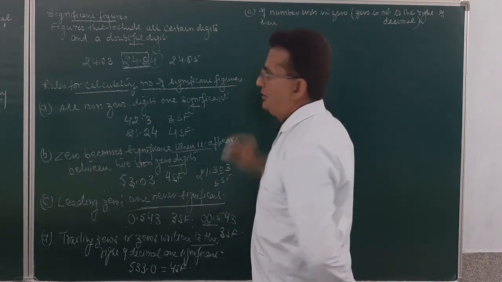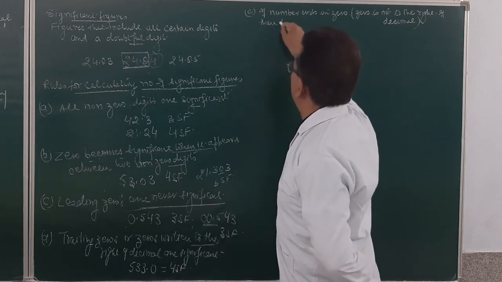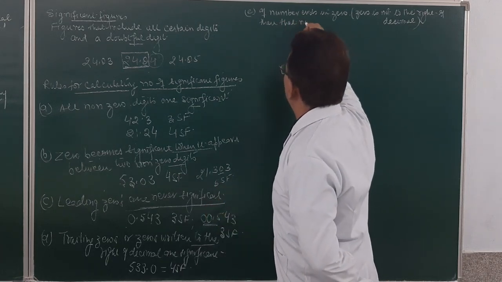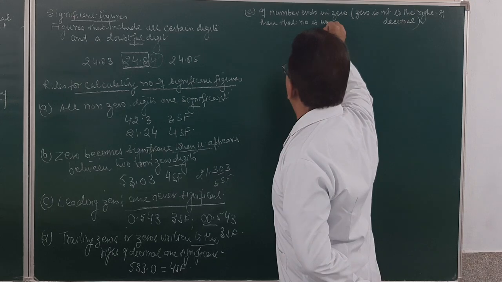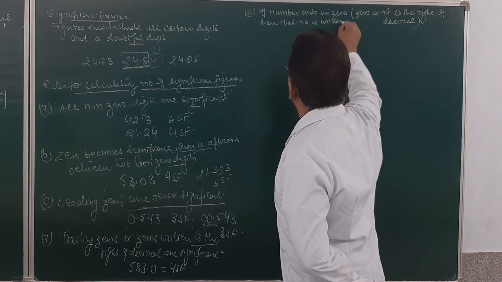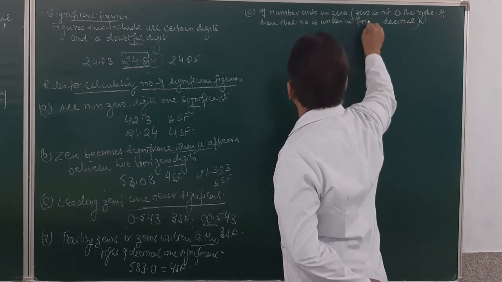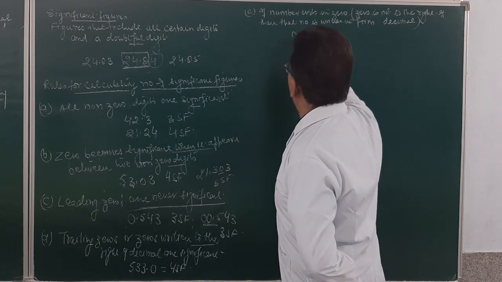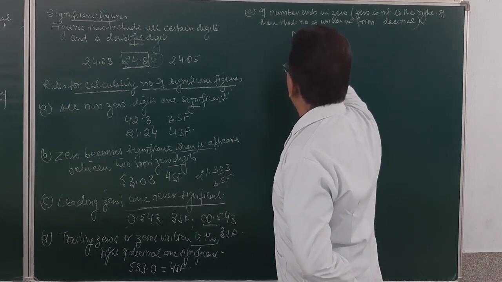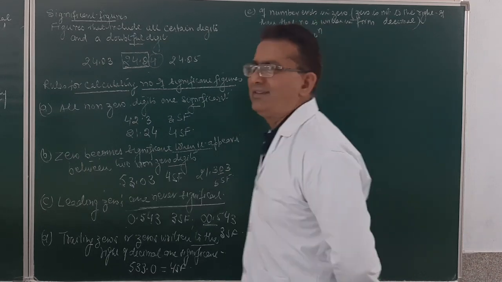Then that number is to be written in the form N into 10 raised to power n, and this N will account for the significant figures.